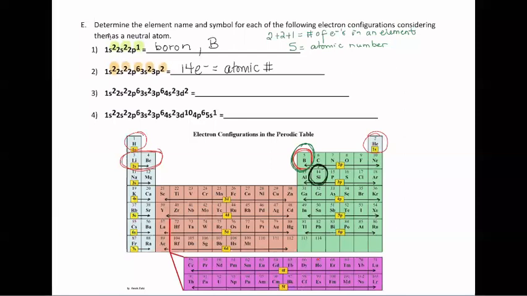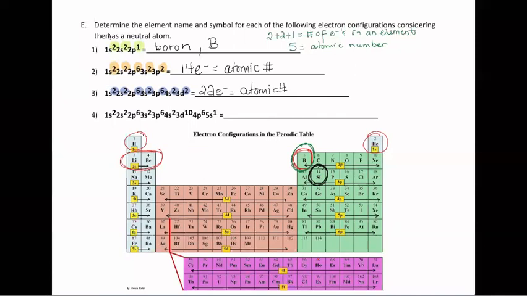Excellent. Number 3. We have 1s2, 2s2, 2p6, 3s2, 3p6, 4s2, 3d2. So when we add these numbers, what do we add up to? 2 plus 2 plus 6 plus 2 plus 6 plus 2 plus 2. Excellent. We have 22 electrons. Remember, we're going to look at the atomic number of that.